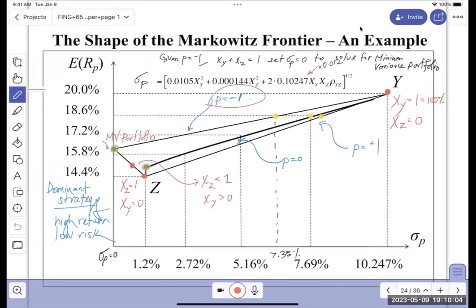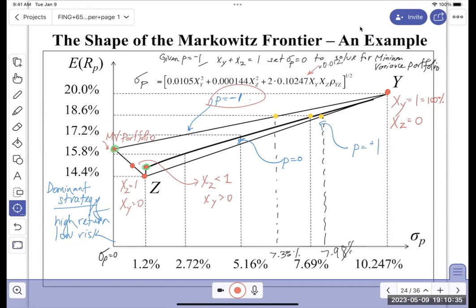So that's how you read this chart. You could compute all of these, and that's what the chart is showing. The best you can do in return out of the ones on the table, 75% Y, is 18.6, and then it's a matter of what the correlation is.